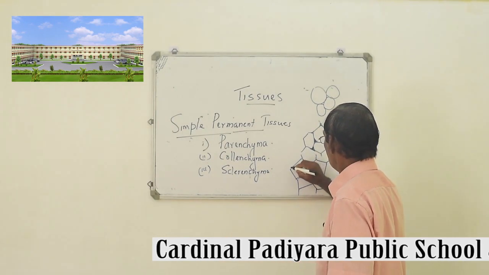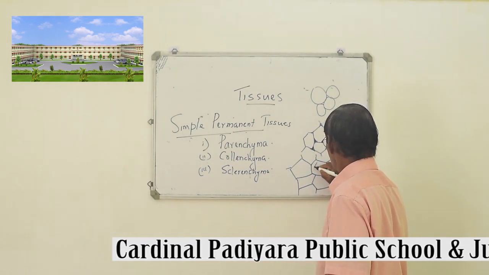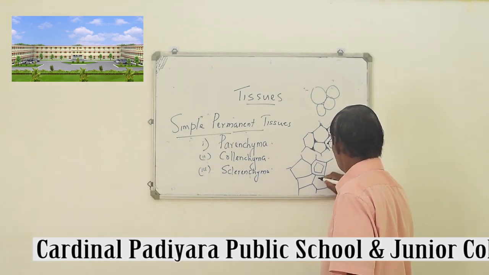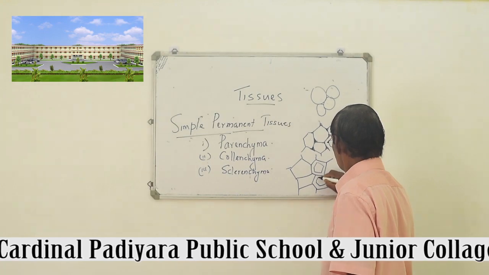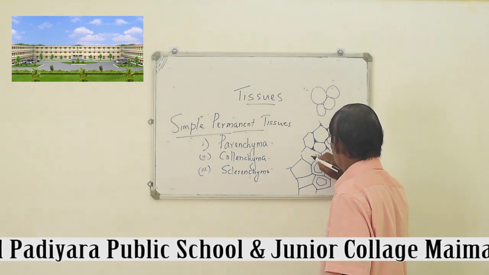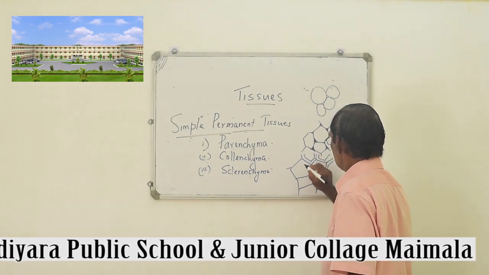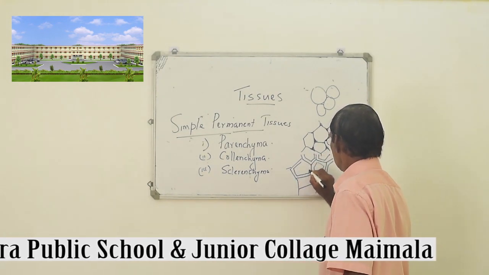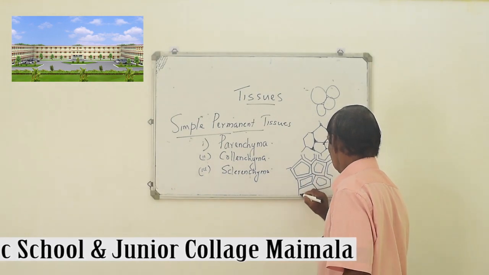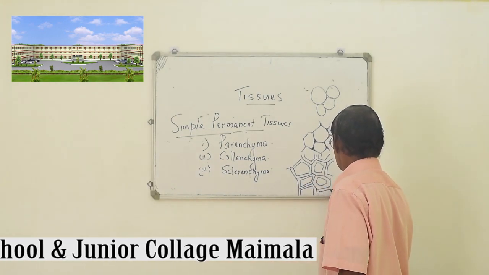You can see this is the wall, now it is not thick. Make one more line inside, meaning the cavities are very small. Cavity, another name is lumen. We use the word lumen. So the cell will be like this, uniformly very thick.